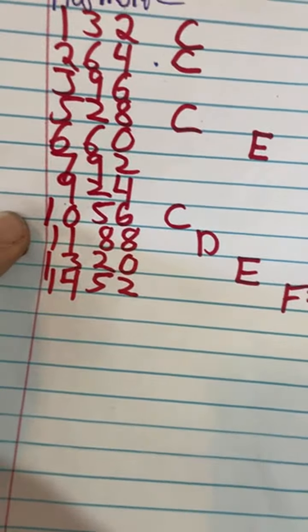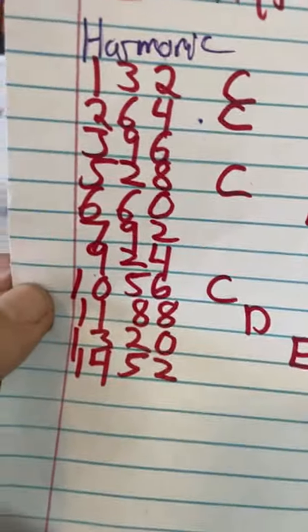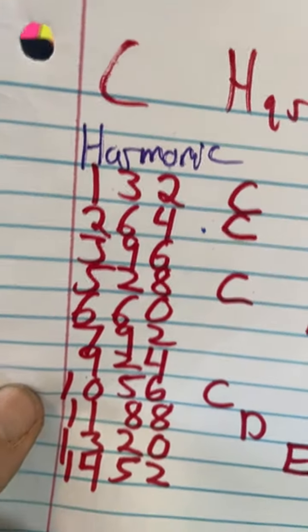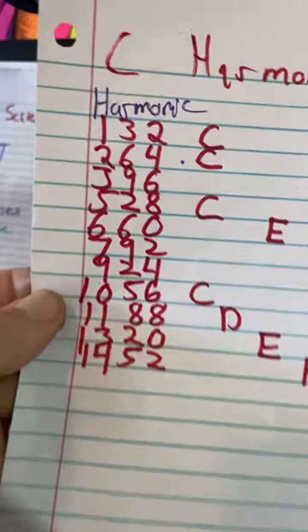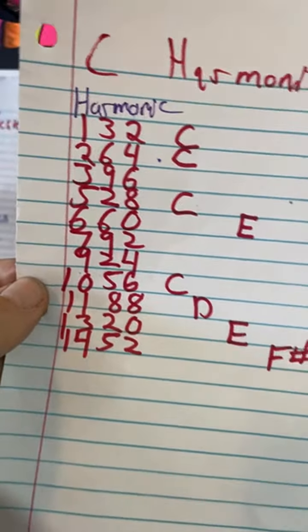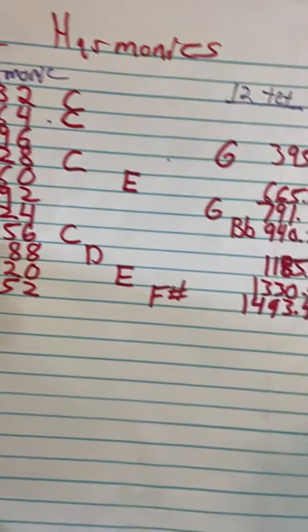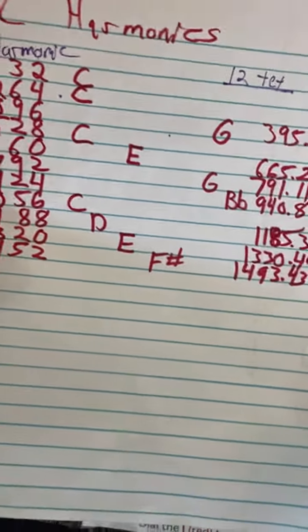And then you get this D note down here eventually, and you keep getting the C over and over again, like in the first, the second, the fourth, the eighth, the 16th, that number just keeps doubling. You keep getting another C, but there's more and more notes in between, and they get closer and closer together, right?